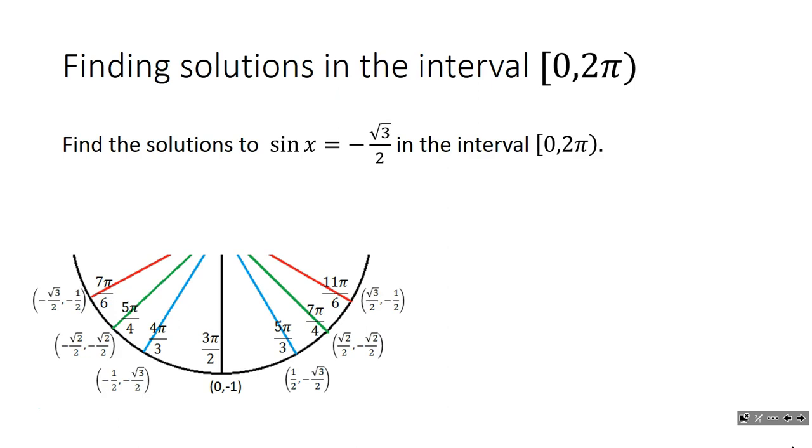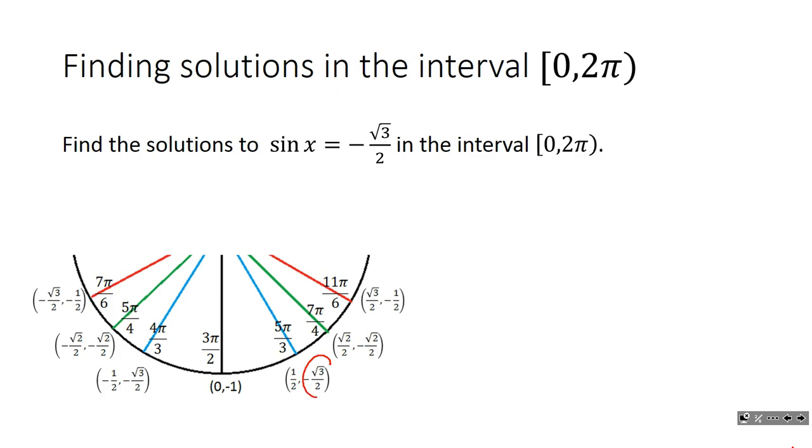Now in order to solve this problem, all we have to do is search the unit circle and find where the sine equals negative square root of 3 over 2. Well, we know when we have those unit circle coordinates that the sine is equal to the second, that is the y-coordinate. So let's see where we find that. Well, I'm circling here.